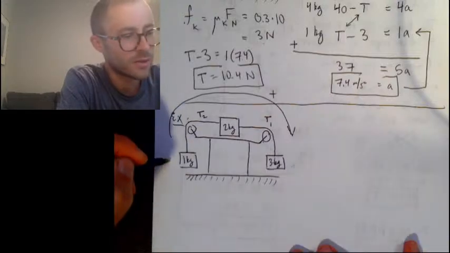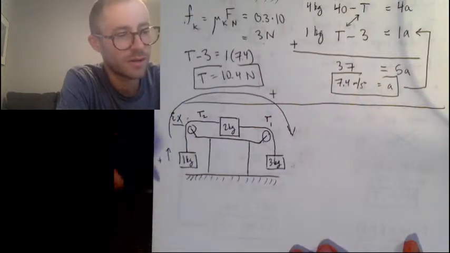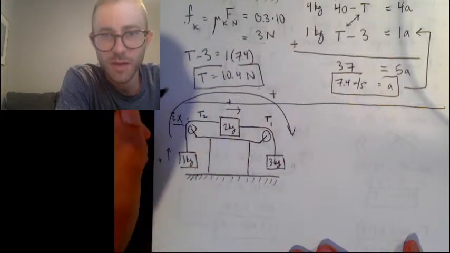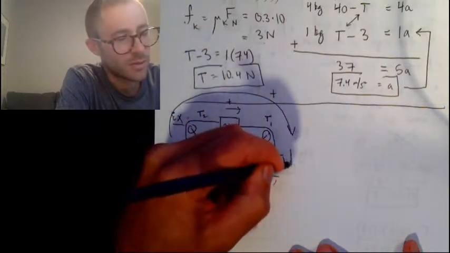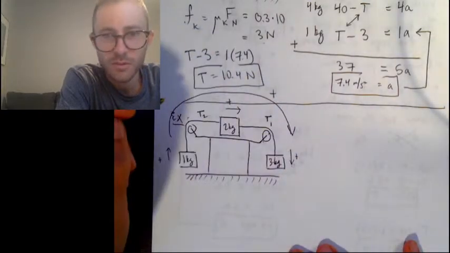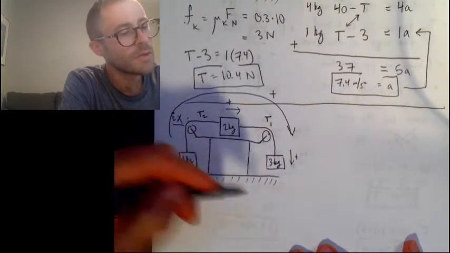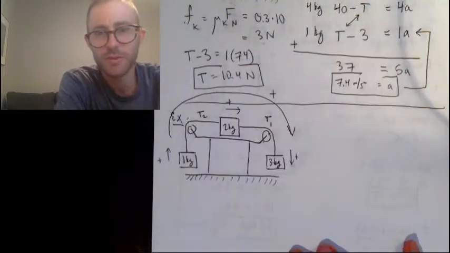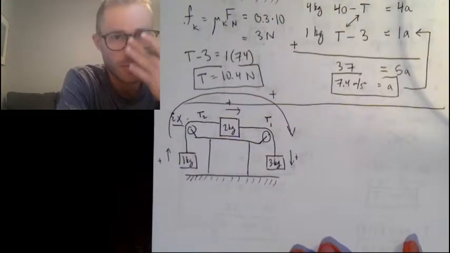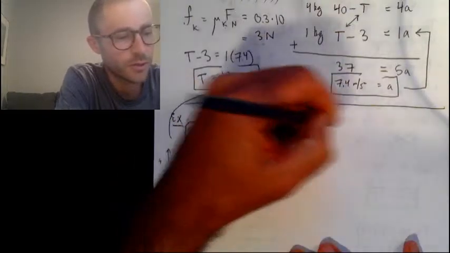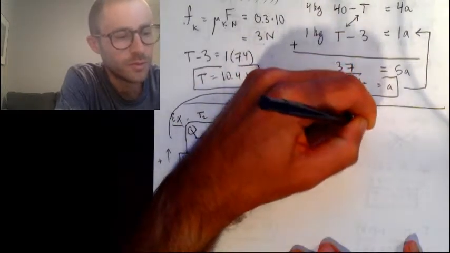So upward is positive for the 1 kilogram mass, rightward is positive for the 2 kilogram mass, and downward is positive for the 3 kilogram mass. All right. In the interest of time, I'm going to skip the free body diagrams this time, and I'm just going to go straight to Newton's second law.